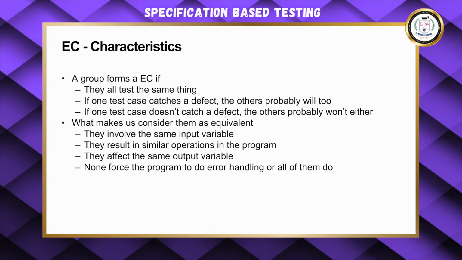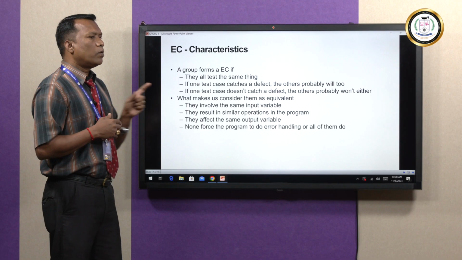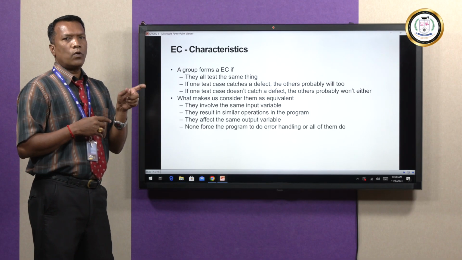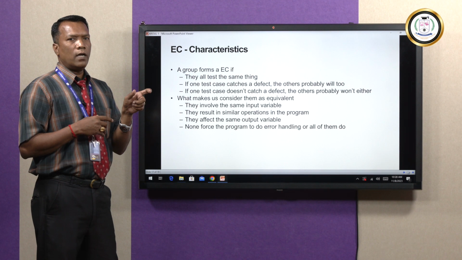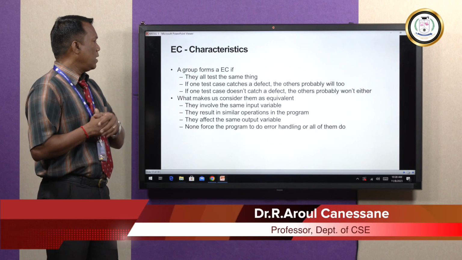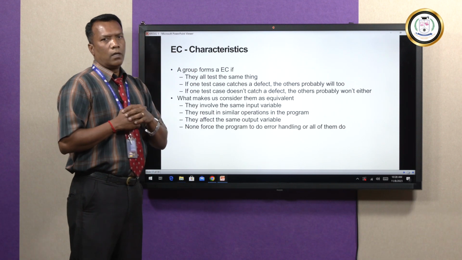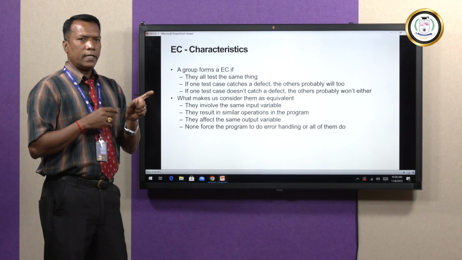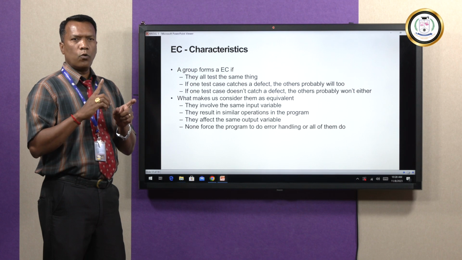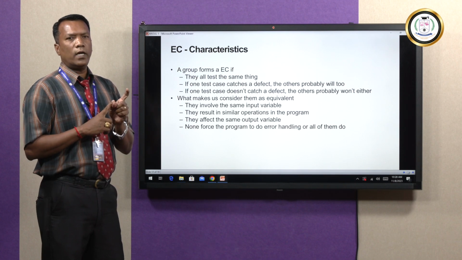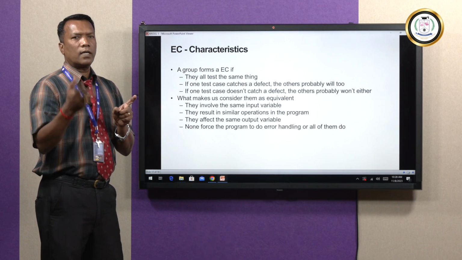What makes us consider them as equivalent? They involve the same input variable. The class that we decide determines how the value is going to be. They result in similar operations in the program. If it is giving output for one value, obviously it is going to give output for the second value.